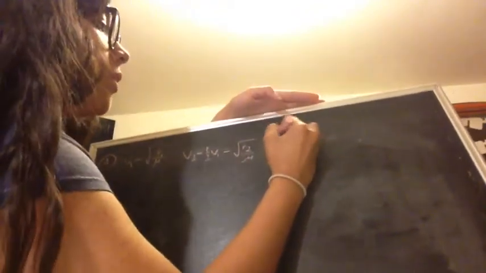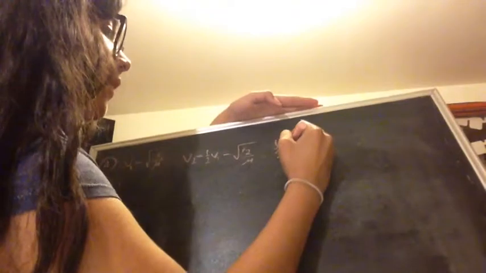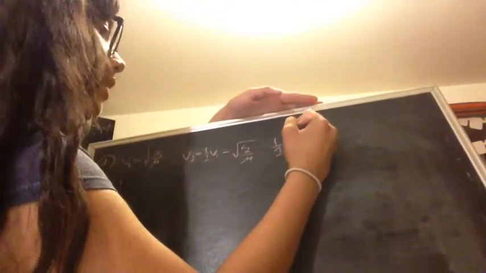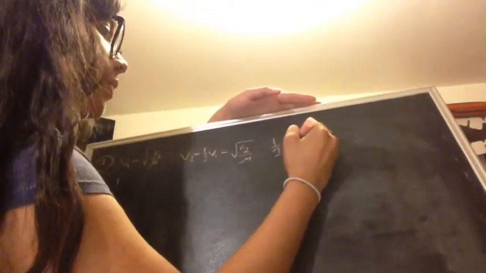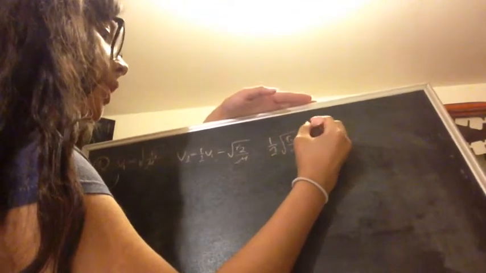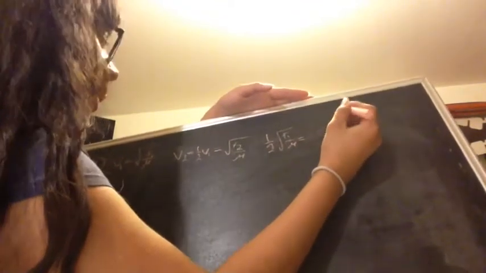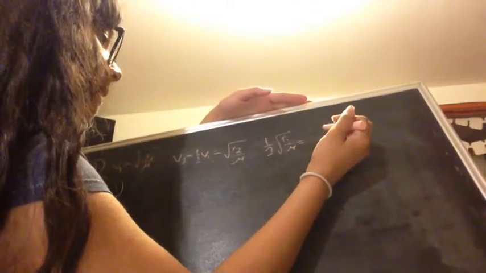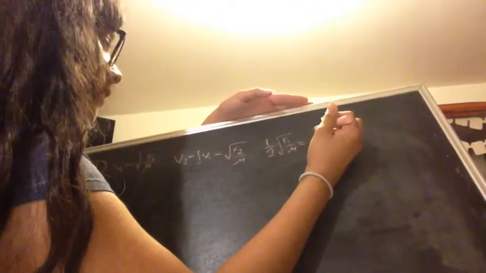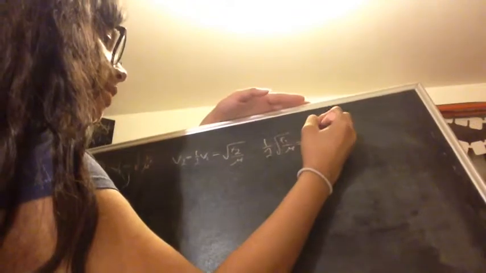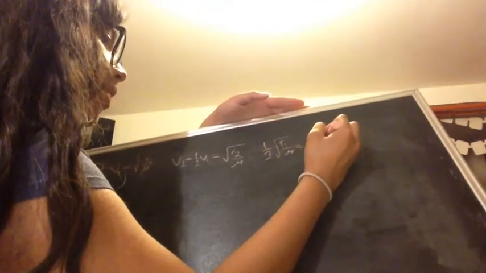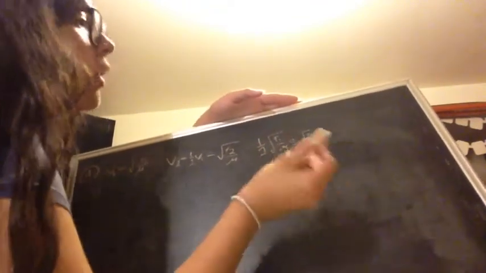That's going to be 1/2 of the square root of f1 over the linear density, that equals the square root of f2 over mu, right?